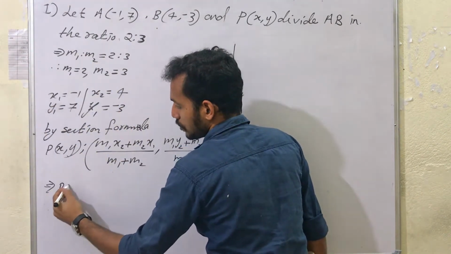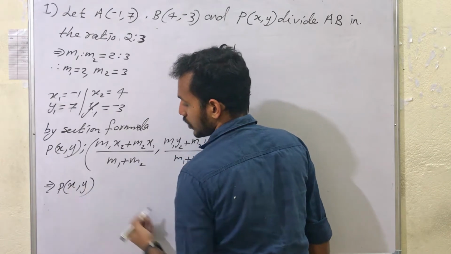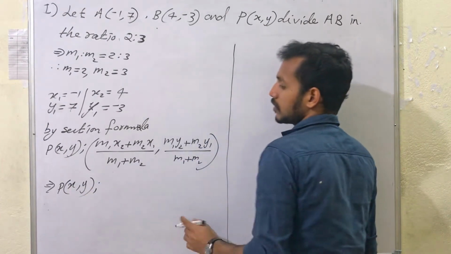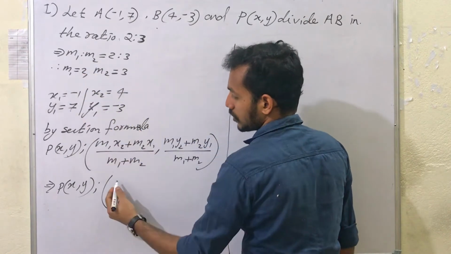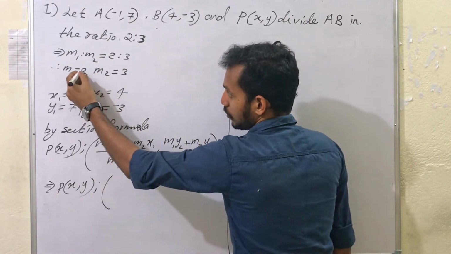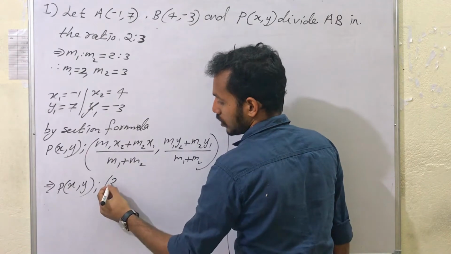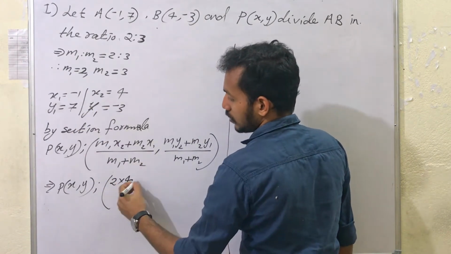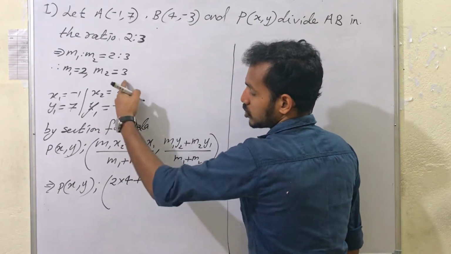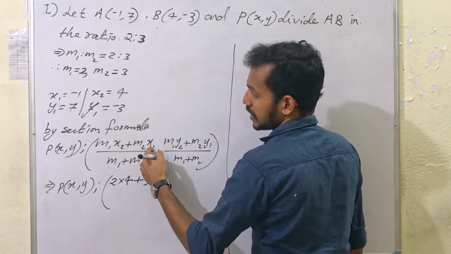That implies the coordinates of P will be, what is M1? M1 is equal to 2, into what is X2? X2 is 4, plus M2 is 3, into what is X1?